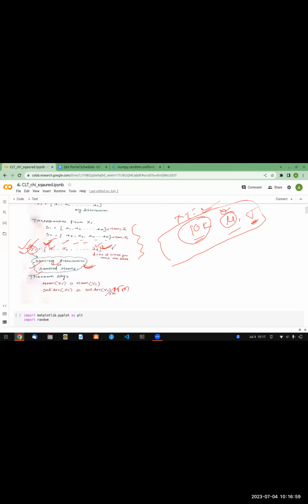That means whatever standard deviation you get from here, suppose it is sigma I, if I multiply it by root m, that value will be nearly equal to the standard deviation of the population data. Now here, what is m, guys?